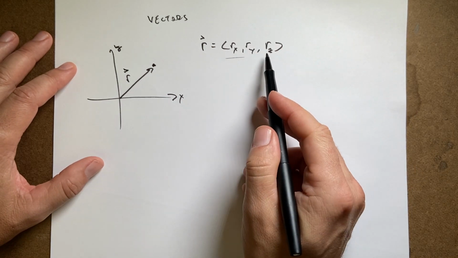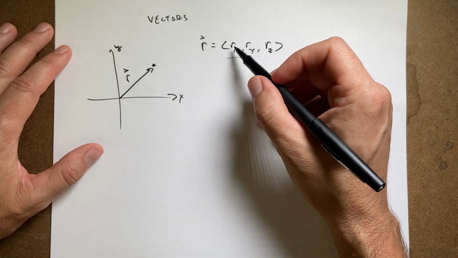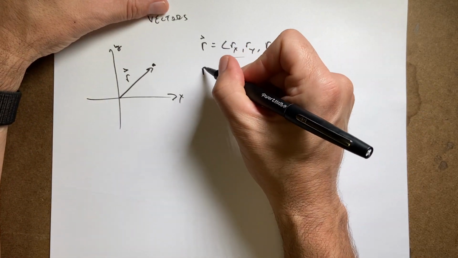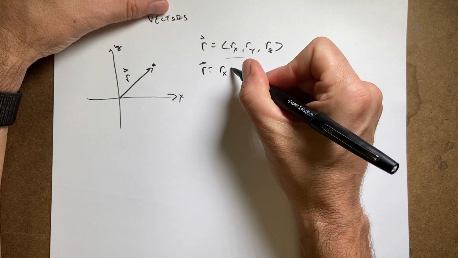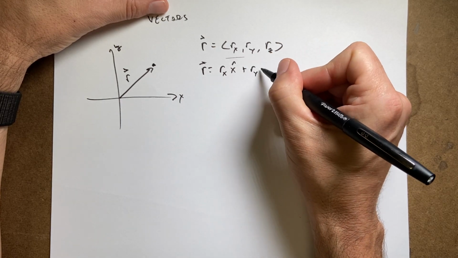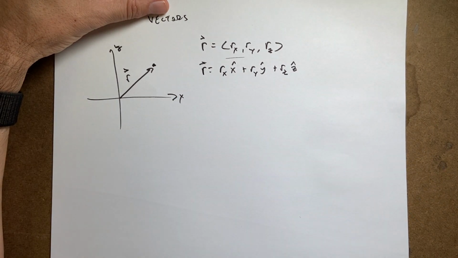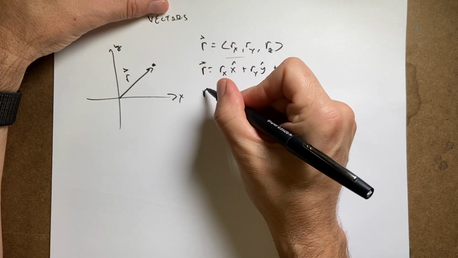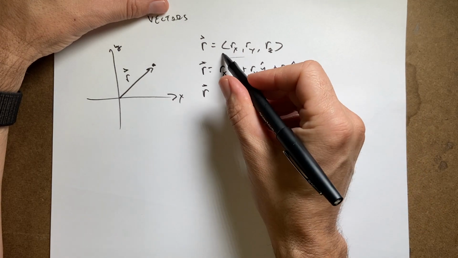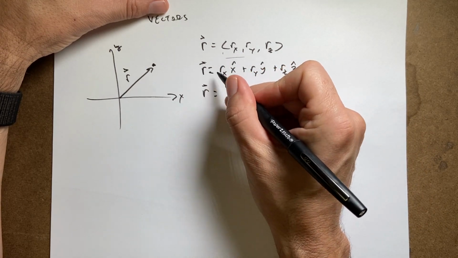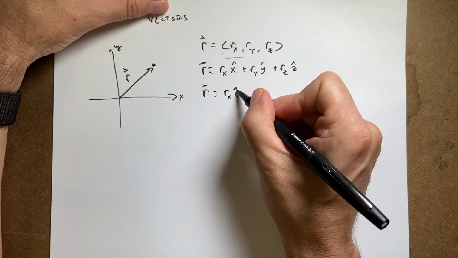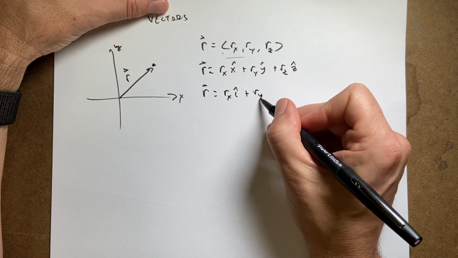This is one way to describe the components of a vector. Some other places do it like this: rx x hat plus ry y hat plus rz z hat. This is the way the book does it. This is the way I do it. There is this that's less well used.